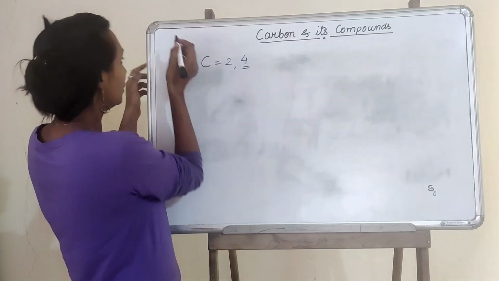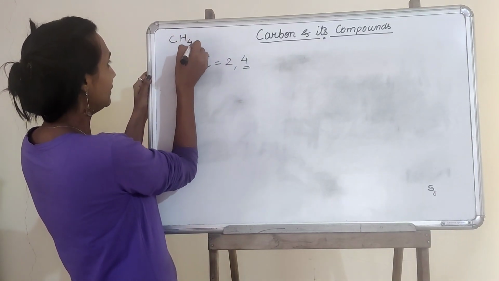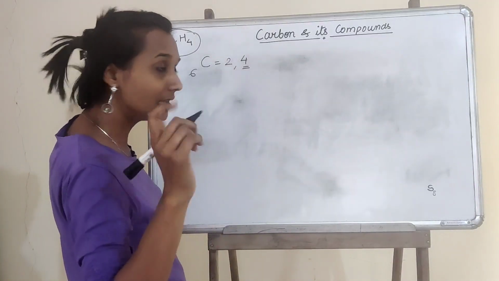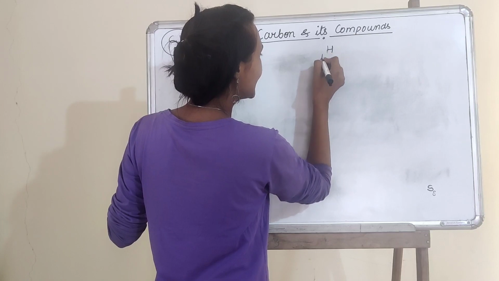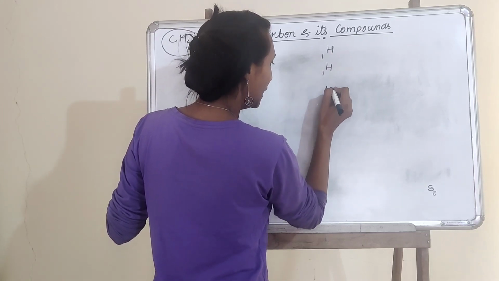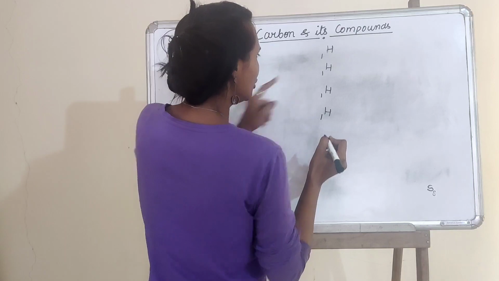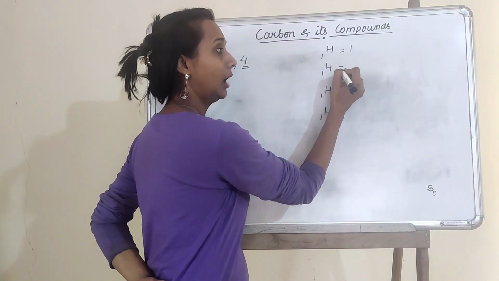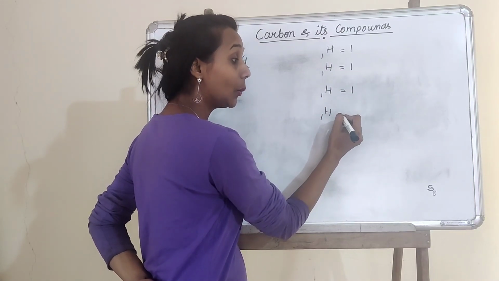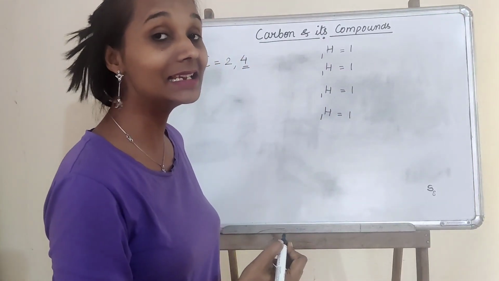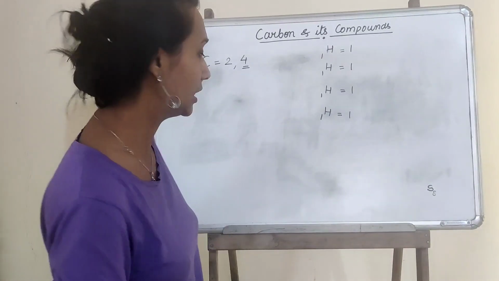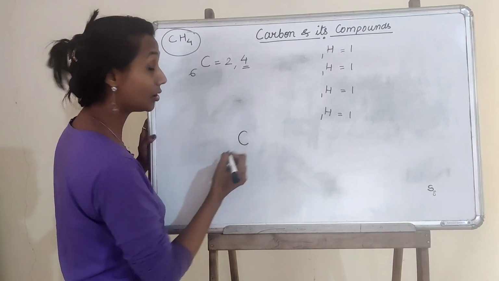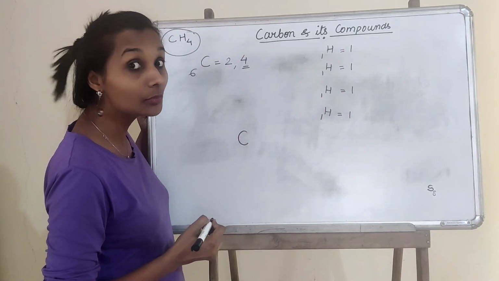Now, I have told you that we are going to see the Lewis dot structure of the CH4 molecule. Carbon I have already drawn. Now let us see the 4 hydrogen atoms. The atomic number of hydrogen is 1. It means that there is only 1 electron in the K shell, which is its outermost shell. So let us draw the Lewis dot structure of the CH4 molecule.